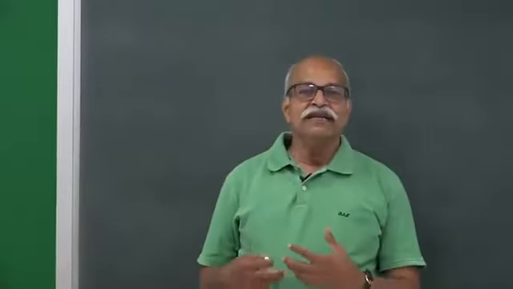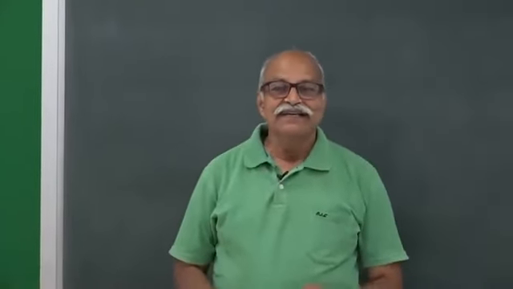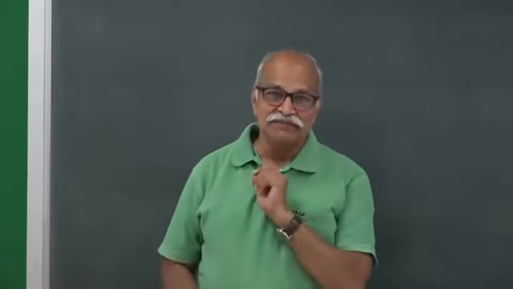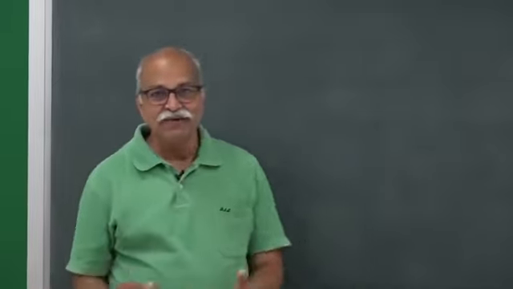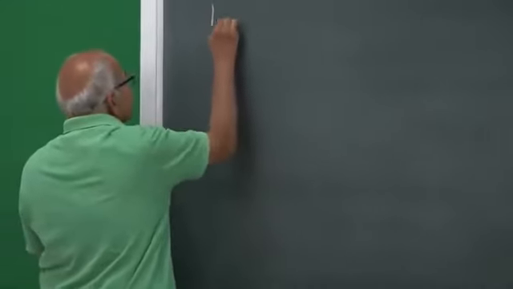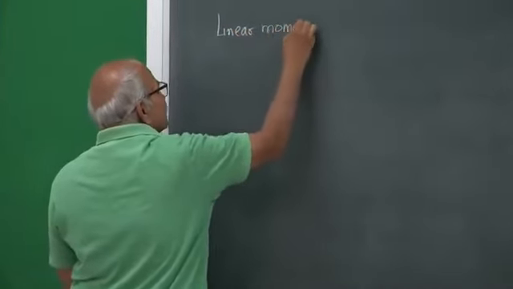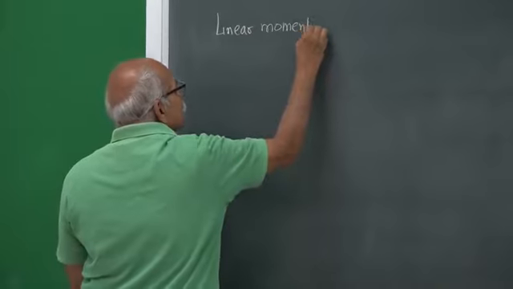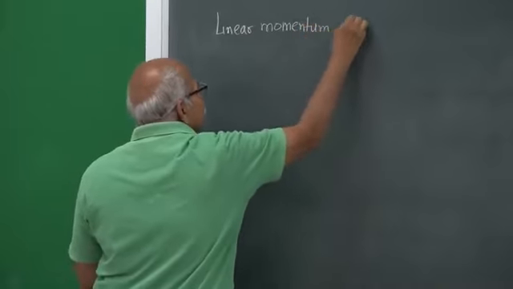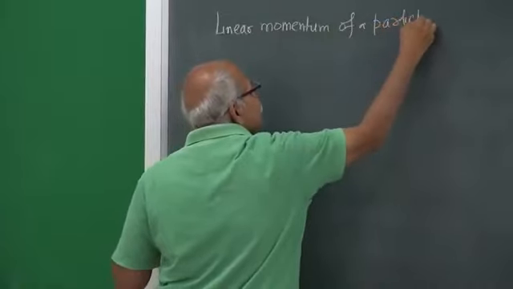So, one very important parameter in Newtonian mechanics is the linear momentum of the system you are studying. It may be a single particle or a system of particles, rigid body, whatever. To start with, I will be talking of a single particle system.